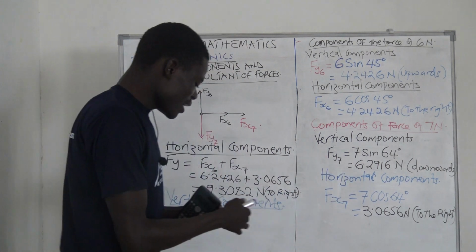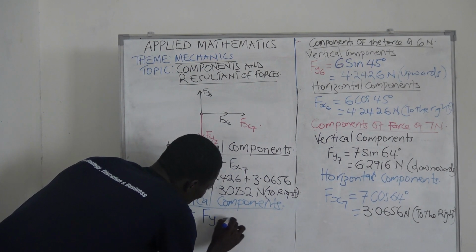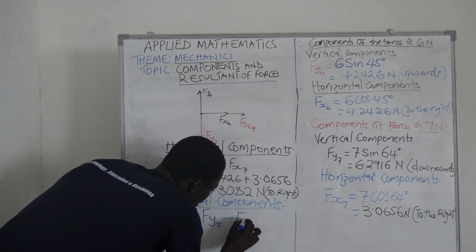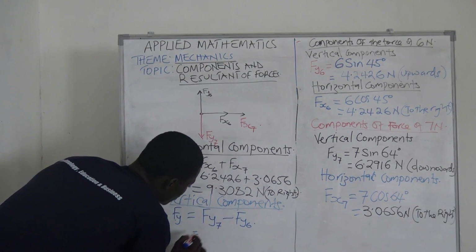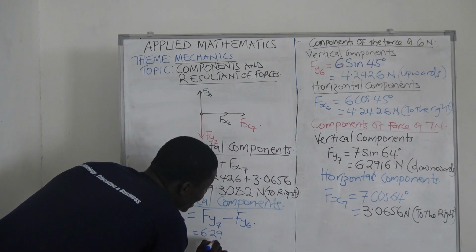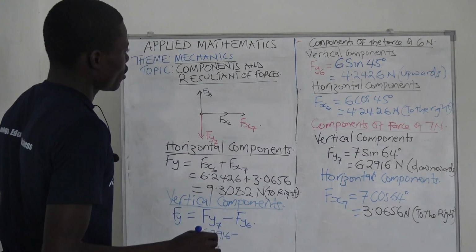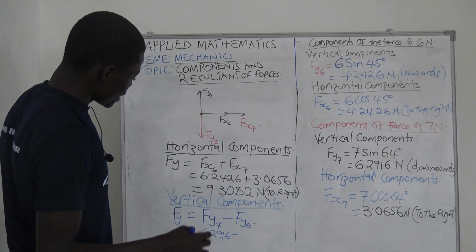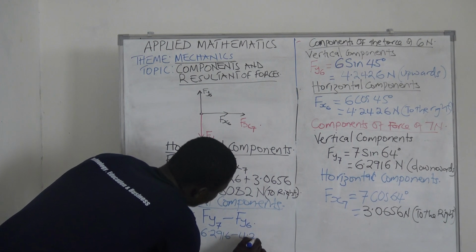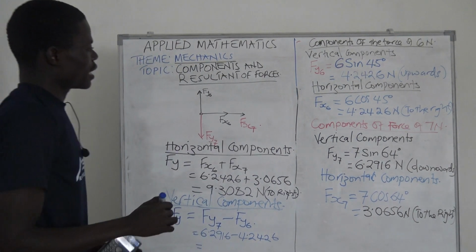This one is greater. Then here we shall obviously subtract Fy7 minus Fy6. So the answer is 6.2916 minus 4.2426.